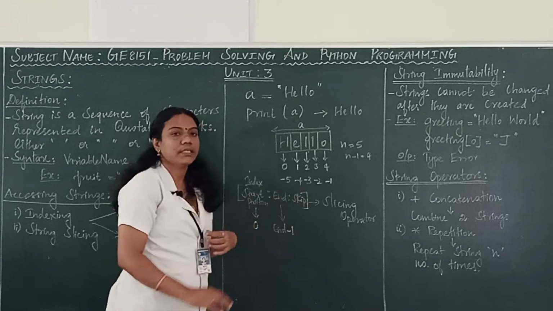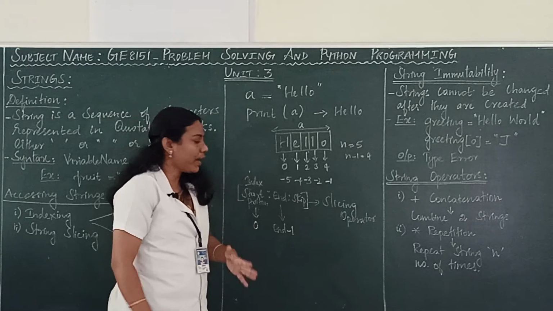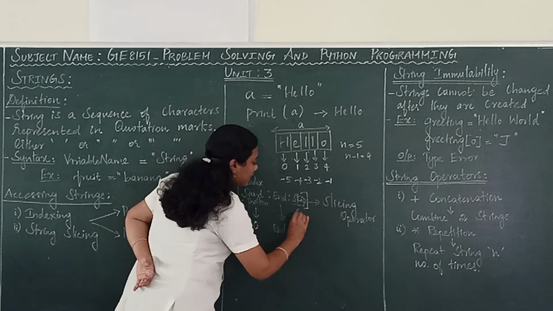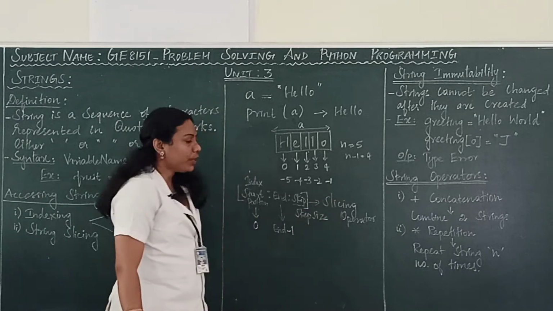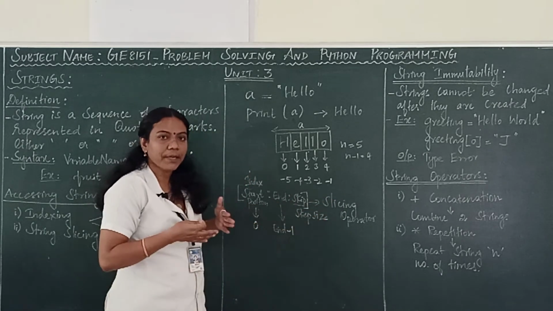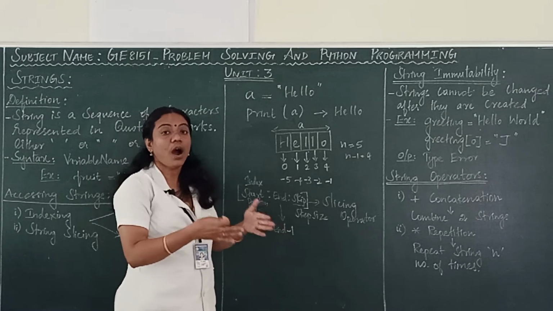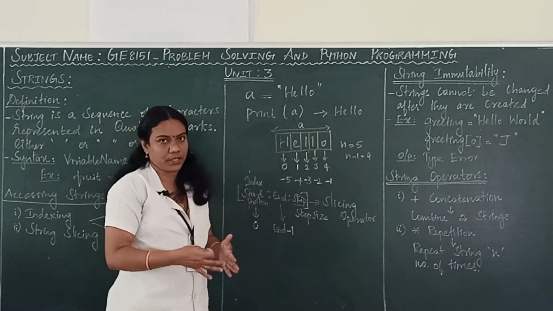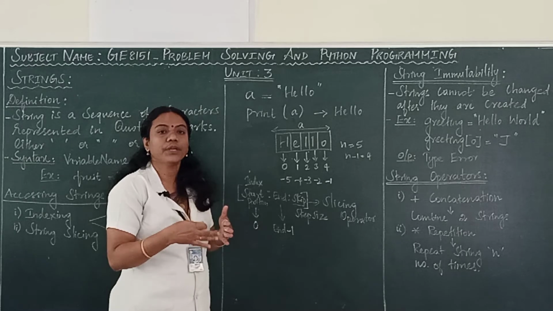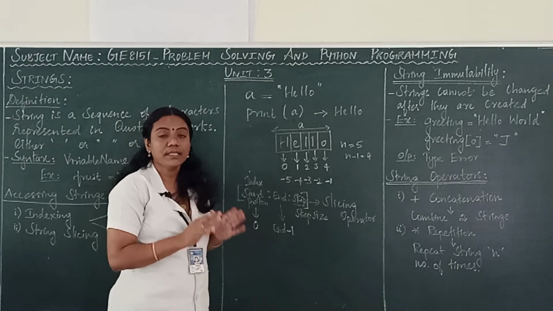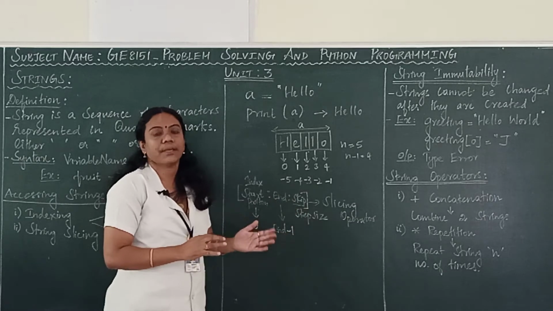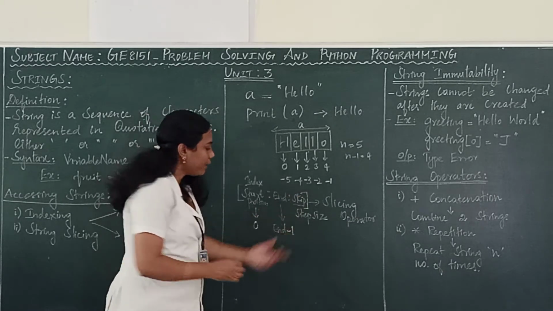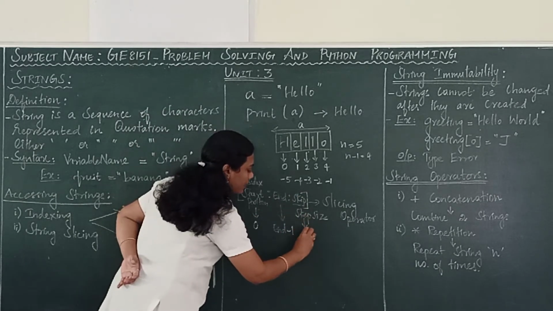Next, the third part is your skip value. Otherwise you can call it the step size. It represents how many characters are to be skipped or left out during the slicing operation. That is represented by the third value, the skip size or step size. By default the skip value is considered as 1.